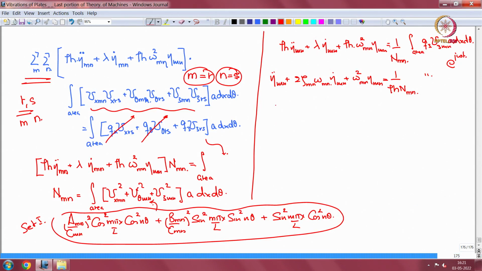Okay, so again my f mn star, the harmonic part kept outside, is this area integral Q3 spatial descriptor U3 mn A dx d theta divided by rho h N mn.